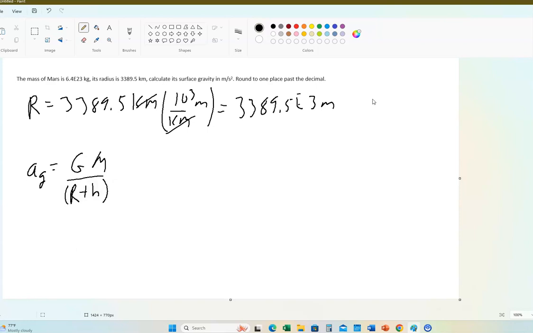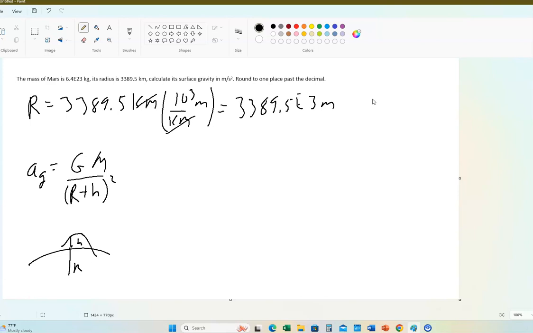If this is the radius of the planet R, and you're some height H, like on top of a mountain, it just alters the equation slightly.